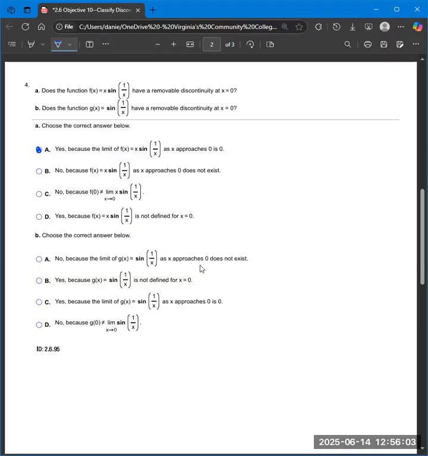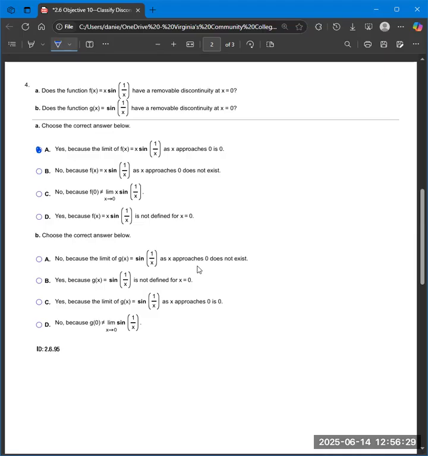And you can prove that with a table. We could do that with some other limit properties and methods. You could analyze the graph to show you that. But what's going to be different here is if I remove that multiplier of x, then I don't know what sine of 1 over x is doing. It's oscillating between -1 and 1.